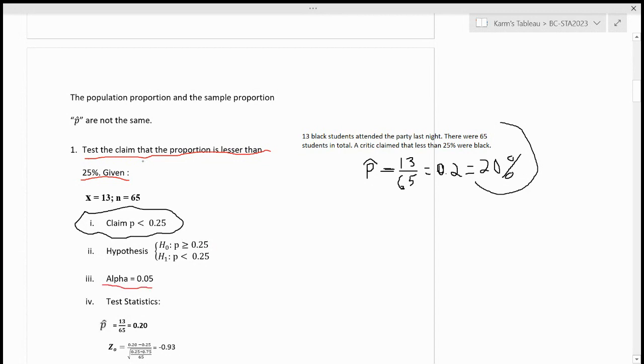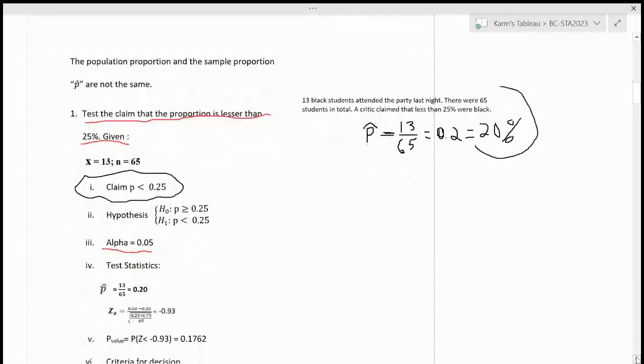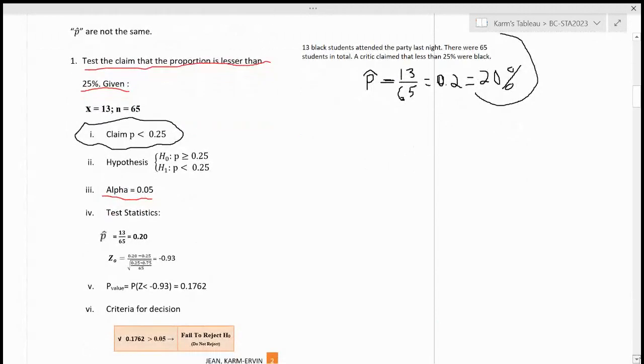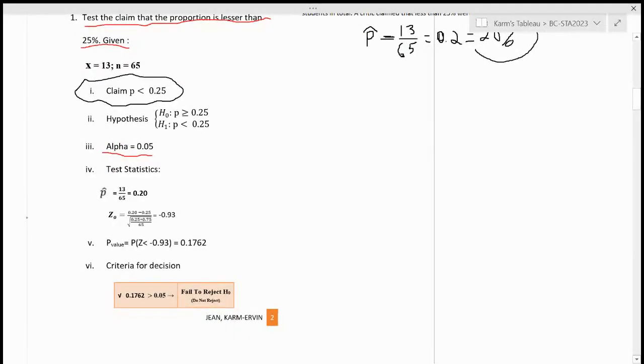It wasn't given to me. By default, that's going to give you 0.05. Then I'll remind myself about the p hat, which is 0.20 right here.